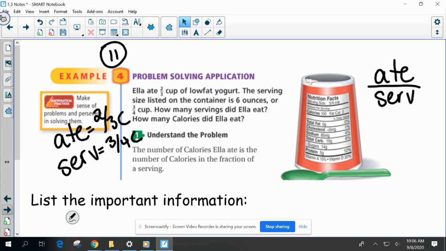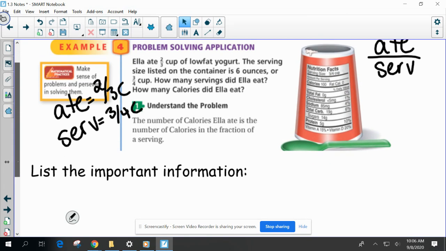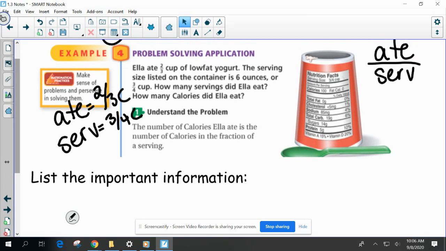So let's do that. You ate 2/3 of a cup, and there's 3/4 of a cup in a serving. So you ate 2/3, and we need to divide that by 3/4 of a cup in a serving. How am I going to do that? What's the process? Dividing fractions.